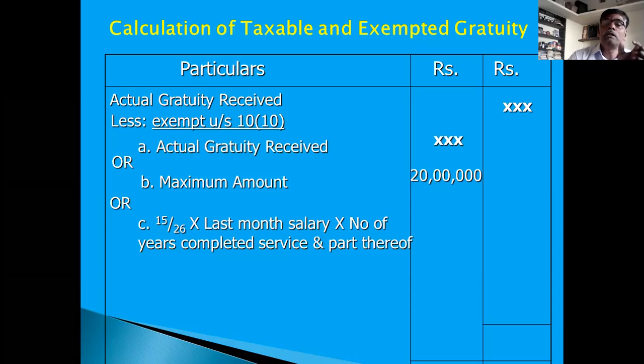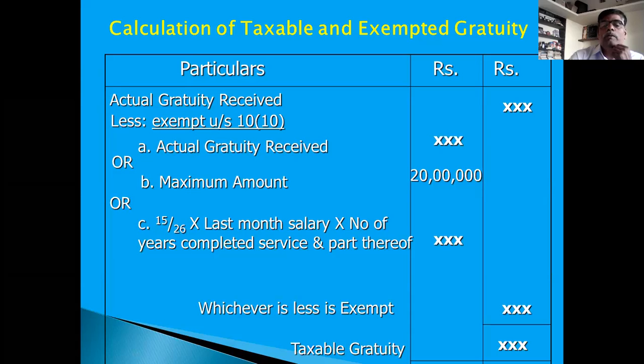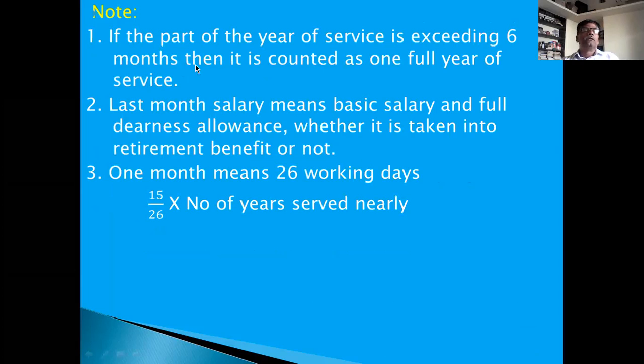Round years you consider. Whichever is less of these three is exempted from tax; you take it to the outer column and deduct. Whatever balance remains, that is the taxable gratuity.